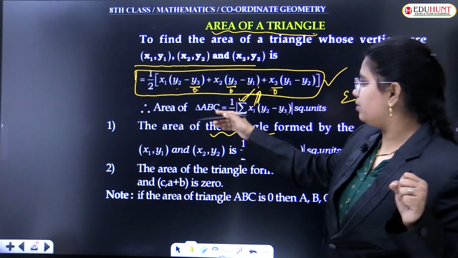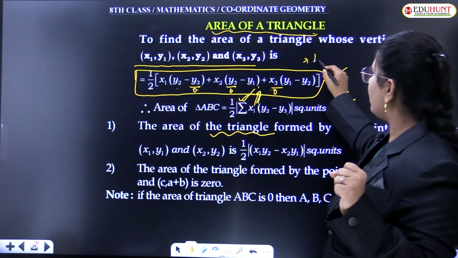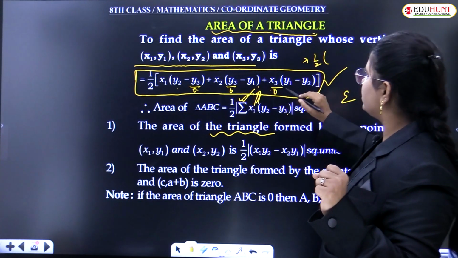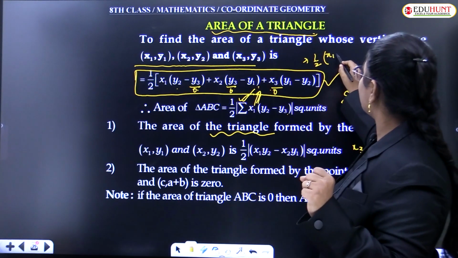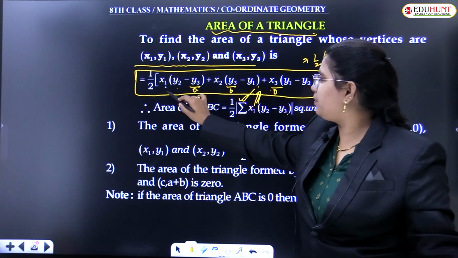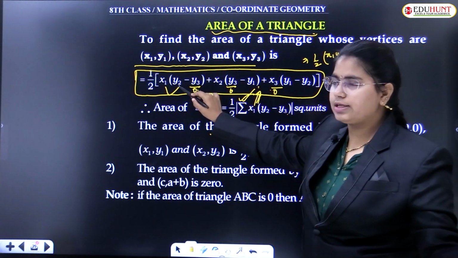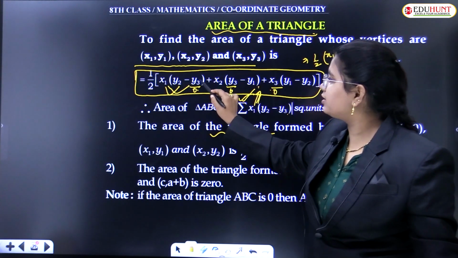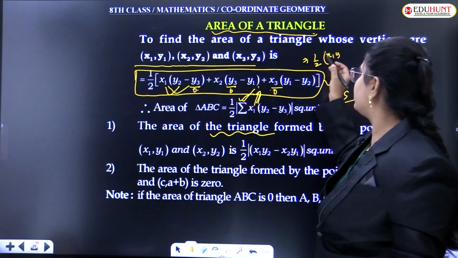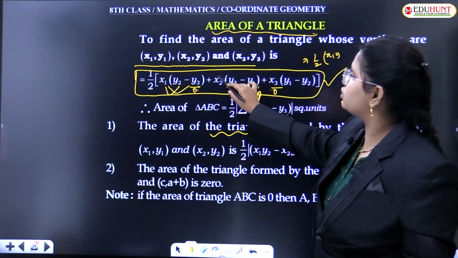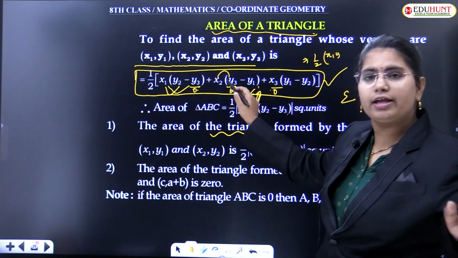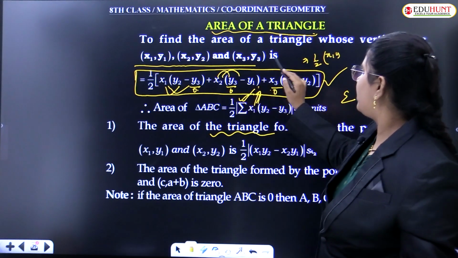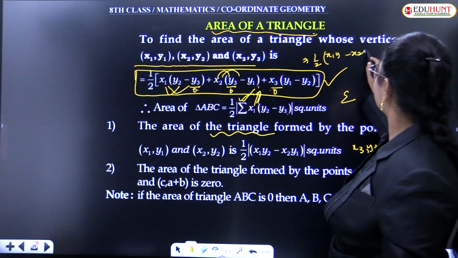So from this formula I am going to get half into modulus of x1 y2. If you multiply x1 into y3, as y3 is 0, it becomes 0. Next, x2 into y3, as y3 is 0, again it is 0. Next, minus x2 y1.